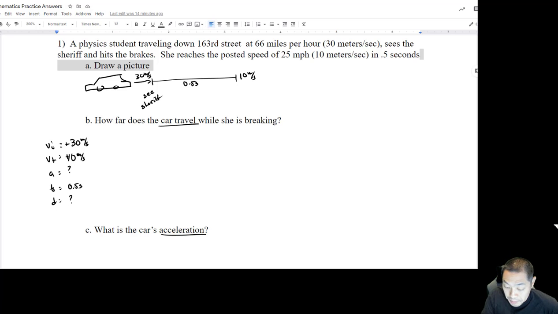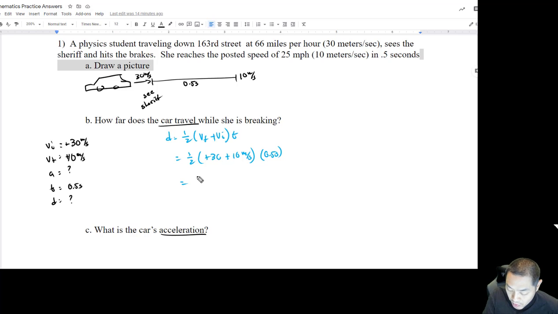So for displacement, we have everything but A. The equation that you will use is this one, because it does not include A, so we don't need A to solve for it. D equals 1/2 times VF plus VI, which is positive 30 plus positive 10 meters per second, times 0.5 seconds.